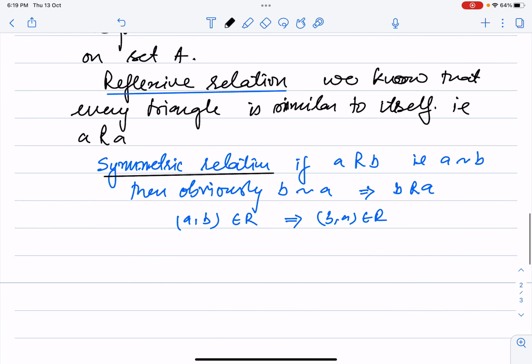Now let us come to the third one, that is transitive relation.